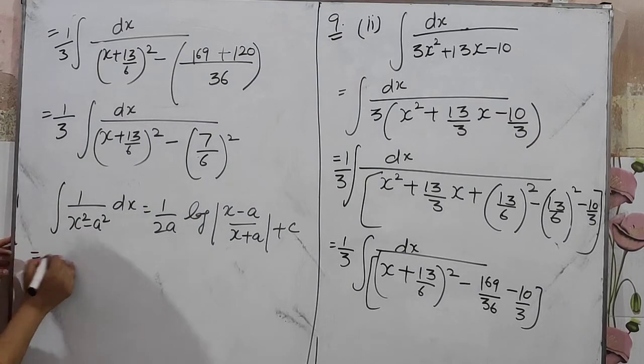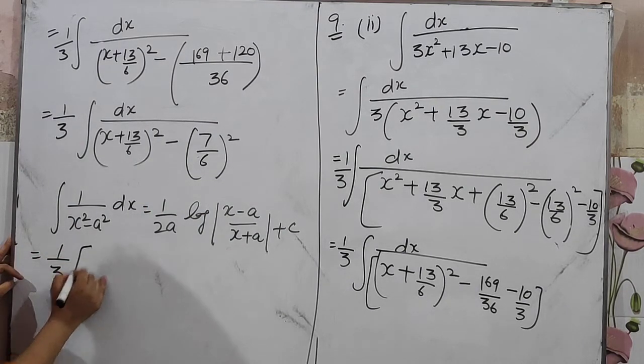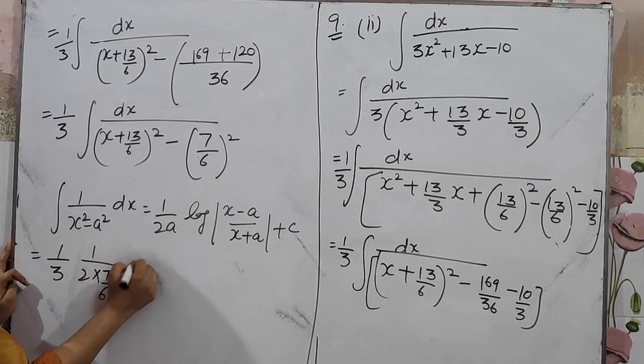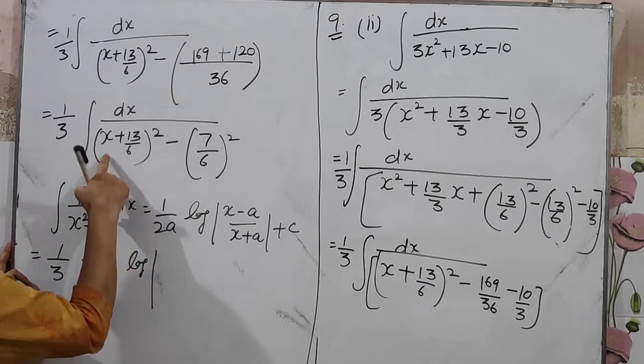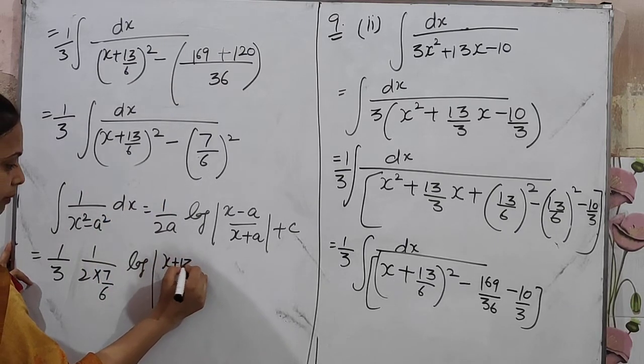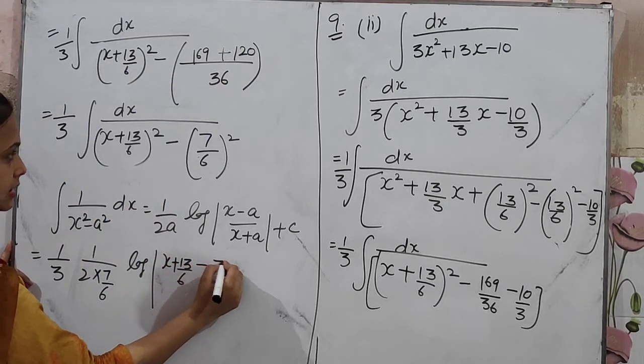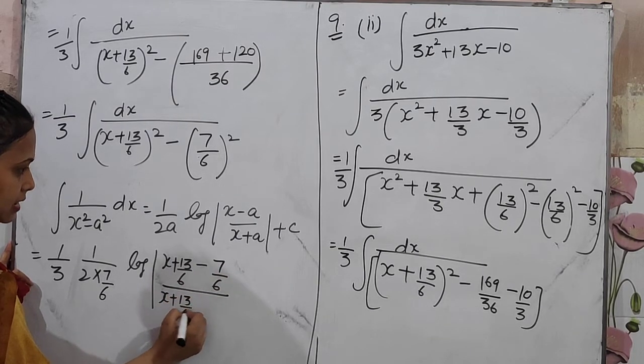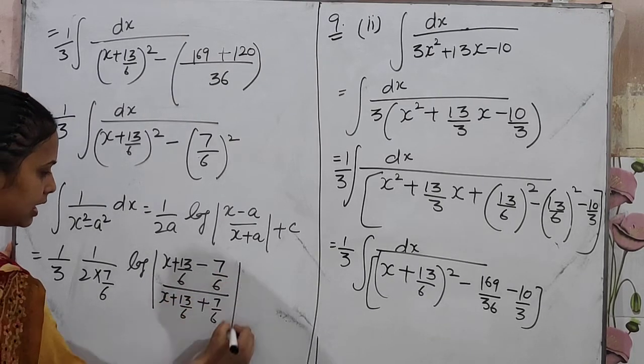It is 1 by 3, 1 by 2a. What is a? 7 by 6. Log of x minus a upon x plus a, where x is x plus 13 by 6, minus a is 7 by 6, so x plus 13 by 6 minus 7 by 6 upon x plus 13 by 6 plus 7 by 6, plus c.